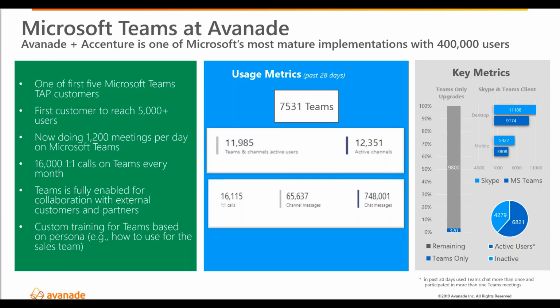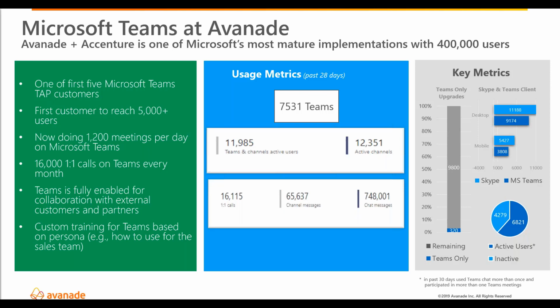So Avanade and Accenture were one of the first implementations of Teams, and we started leveraging it and got it out to 400,000 users very quickly. And so we've been measuring and leveraging different data points to measure our own transition into Teams.